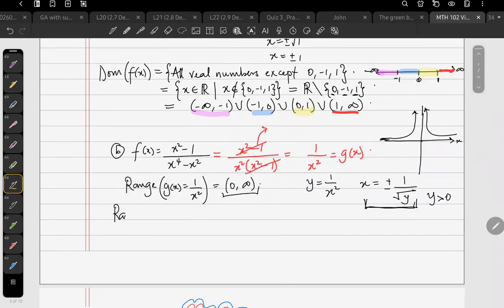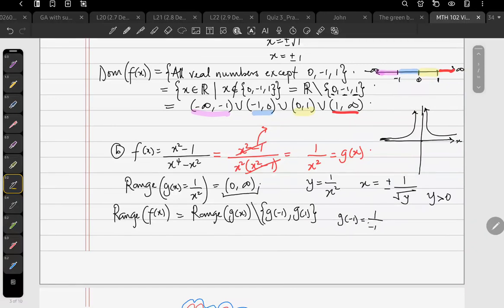So it means that the range of f of x is going to be the range of g of x minus g of negative 1 and g of 1. But what is g of negative 1 and g of 1? g of negative 1 is equal to 1 over negative 1 squared, which is equal to 1. And that is the same thing as g of 1. So it means the range of f of x is 0 to infinity, and we are removing 1.